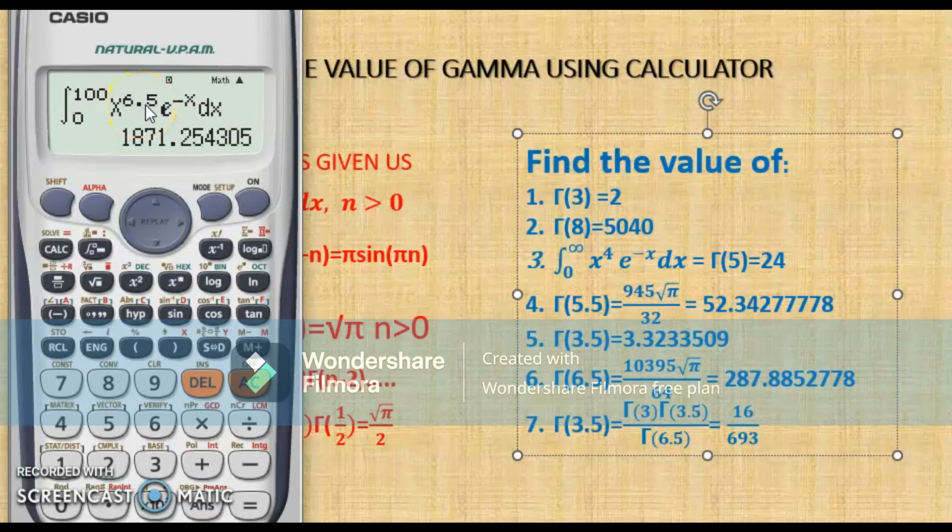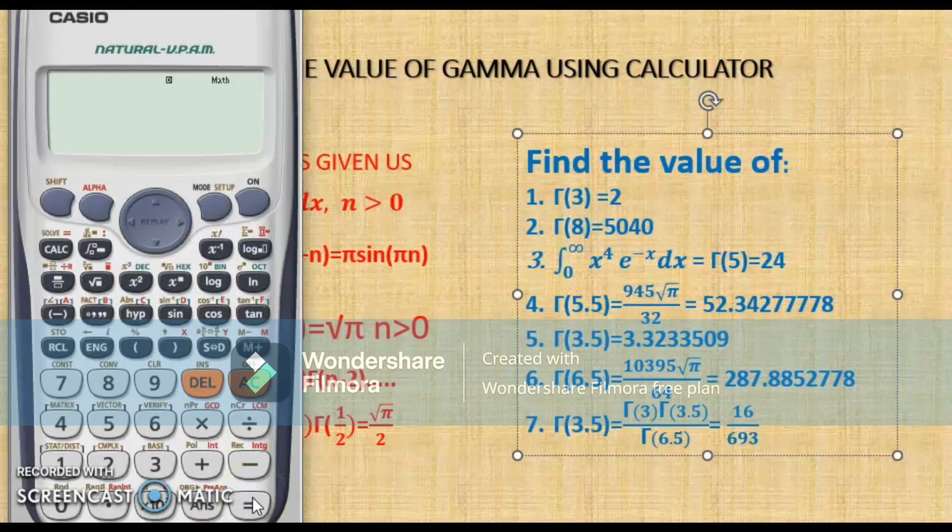Our equation is n minus 1, and I'm looking for that. So that means I should have taken this minus 1. Hope you understand it. So let's come back and put the right thing. I just did this so that we can get the understanding of what I mean. So it means we are looking for 5.5 and not 6. Okay, hit the equal sign and let's see what happens.